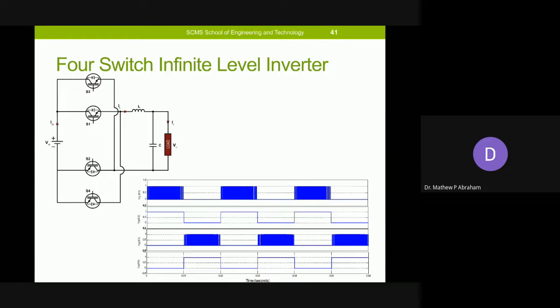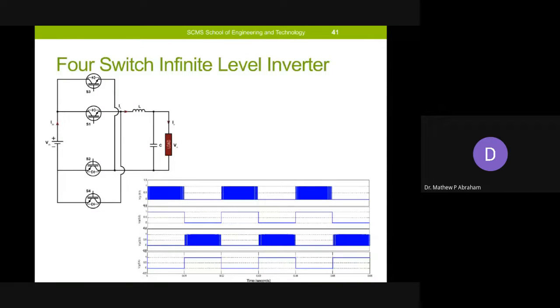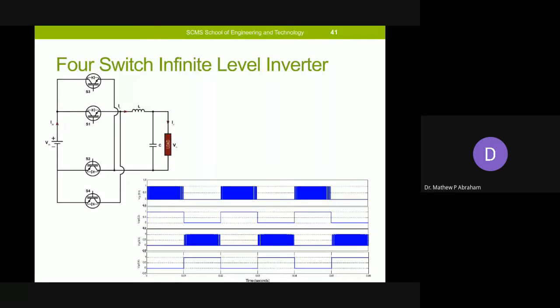And one more topology was developed as part of our PhD program; one faculty member from TKM itself was behind it. This is called a 4-switch infinite level inverter. What we do here is just a modification of a buck inverter.